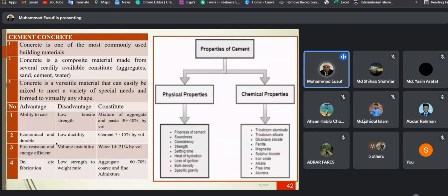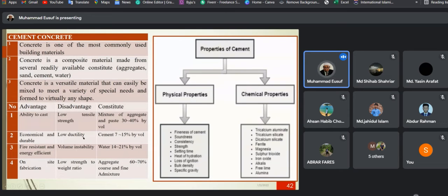Okay, economical and durable. It is very economical. And disadvantage is low ductility. Number 3, fire resistant and energy efficient. Sir, what is ductility? Low ductility means if you bend the concrete, it will break down.